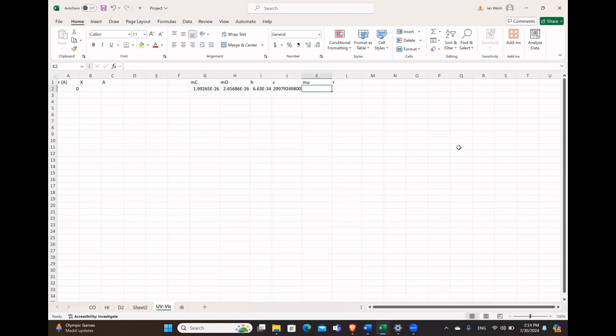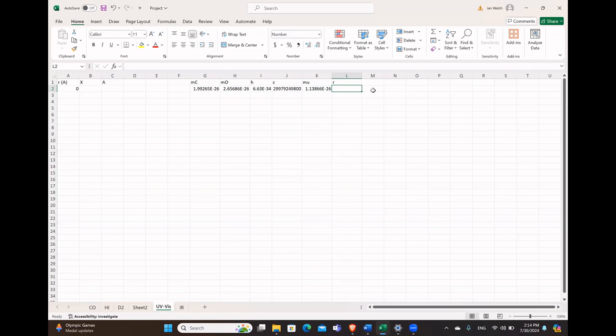All right, so then to get the reduced mass, we simply take m1 times m2 and divide that by m1 plus m2. That will give us our reduced mass in kilograms. Then to get R, we plug these numbers in here.